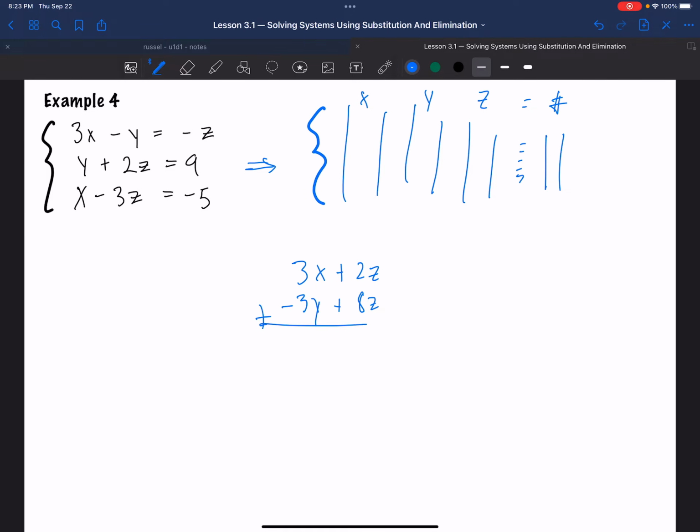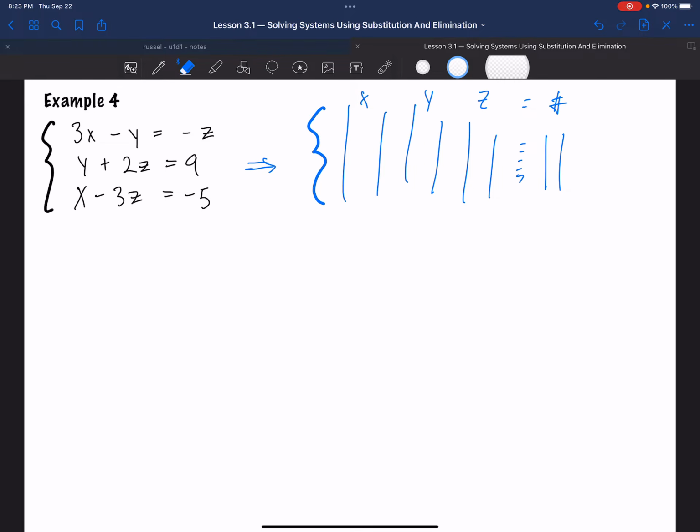Well, if you added these together, sometimes you might say, oh, 3 and negative 3, that cancels. So it's just 10z, right? And that's because your brain's looking at the vertical alignment of this without really noticing what the variable is. So if you just align them in the first place, you'll avoid silly mistakes like that. Okay, but that's just a sort of recommendation for elimination.